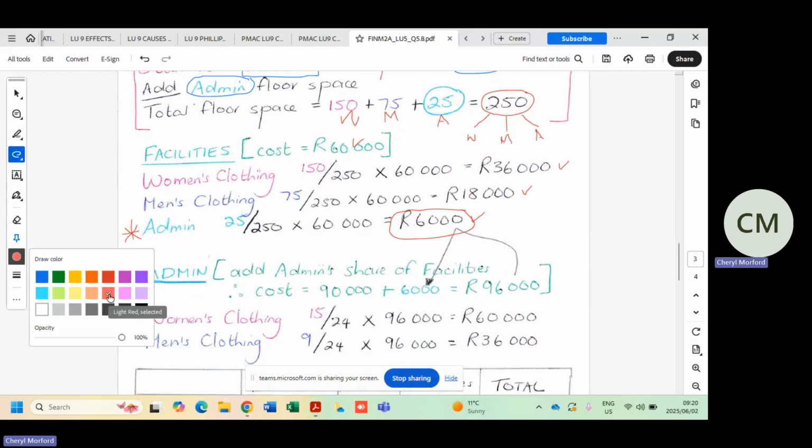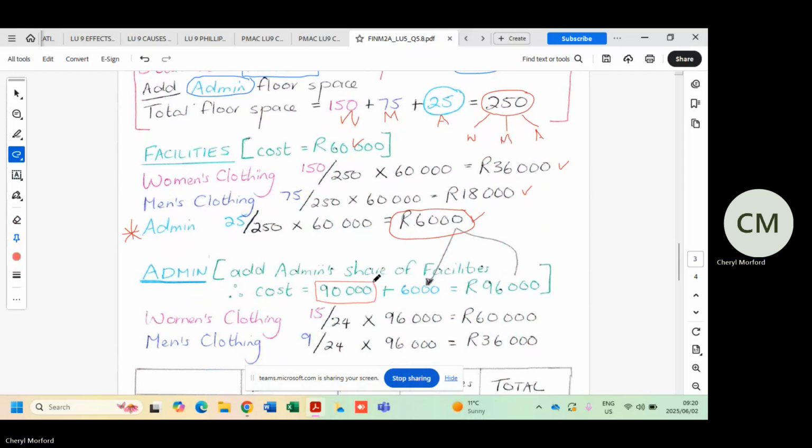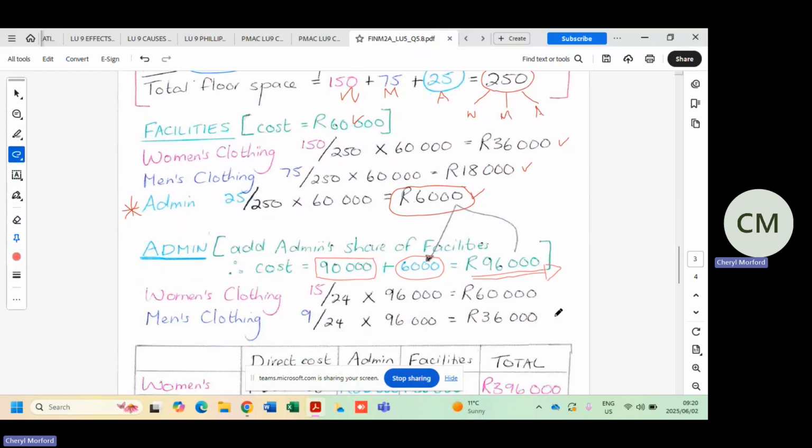Not only are we having its own original cost of the 90,000, but we are going to add the amount that's reassigned from the other service department, which is the 6. So we're going to increase its cost to 96,000 because we've realized that it actually receives services from another service department, which need to be paid for. Because there's no other service department, we're at the end of the line here.